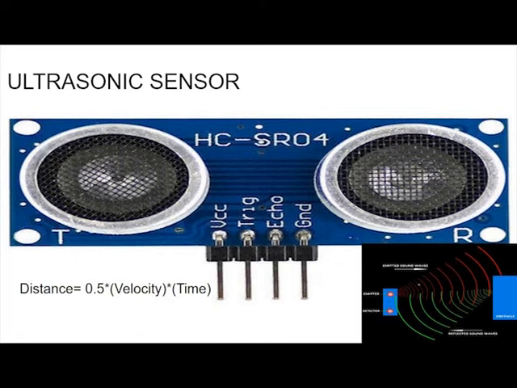On the left hand side, where it is marked T, it is the transmitter, where the sensor transmits the ultrasonic waves from it. The right hand side, marked with R, is the receiver portion, where the reflected waves are received.